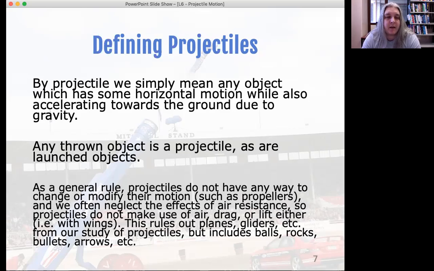They don't have propellers, they don't have any way to use air resistance or drag to their own benefit. So we can't use planes or gliders, but we can use balls and rocks, bullets, arrows, and so on. The little feathers on the end of arrows are for stabilizing the flight path, not to raise the arrow up.